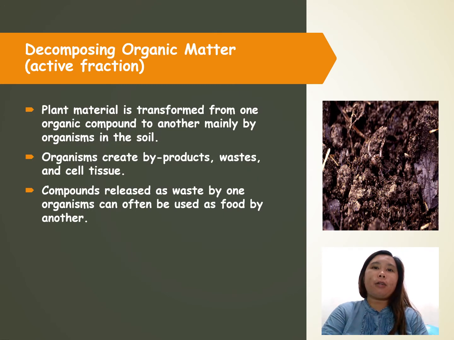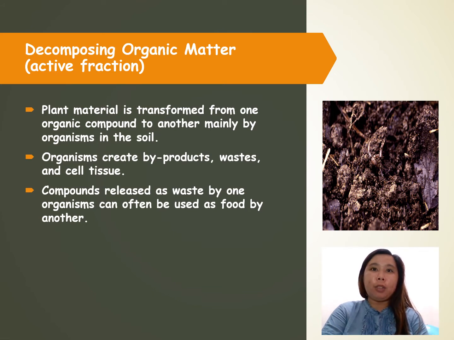Let's look at another component of the organic matter, which is the active fraction or the actively decomposing organic matter. The plant material is transformed from one organic compound to another mainly by the soil organisms. And organisms create byproducts, waste, and cell tissue during the decomposition.